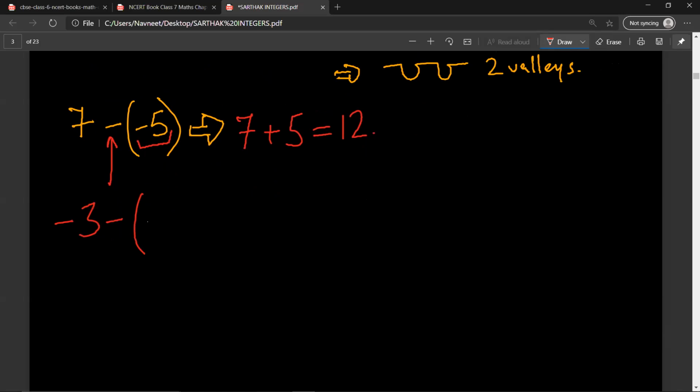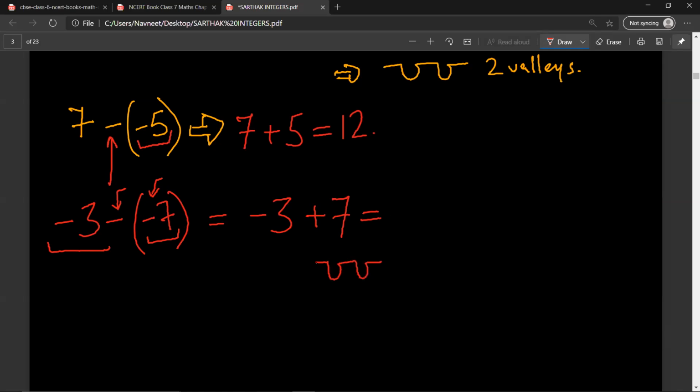-3 minus -7. Now this -3 will remain as it is. There is a minus outside this bracket. So -7 will become +7, and the answer would be 4. 3 valleys, 7 mountains is equal to 4 mountains.